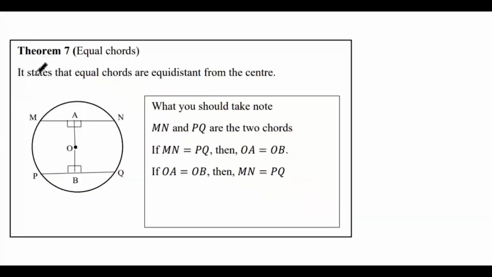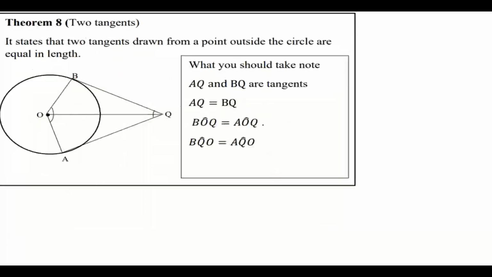So the seventh one is this: when you have equal chords, provided that chords MN and PQ are equal, then the distance between the two chords from the center should be equal. So equal chords are equidistant from the center. You can say that OA is equal to OB, provided that MN is equal to PQ.